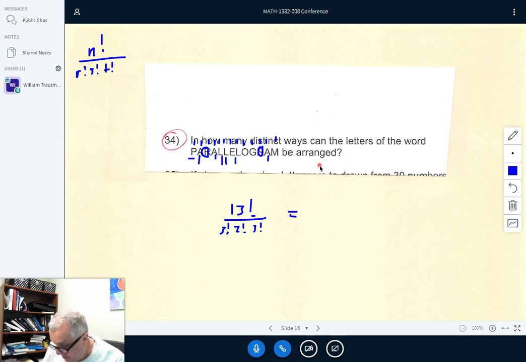Divided by 3 factorial times 2 factorial times 3 factorial.